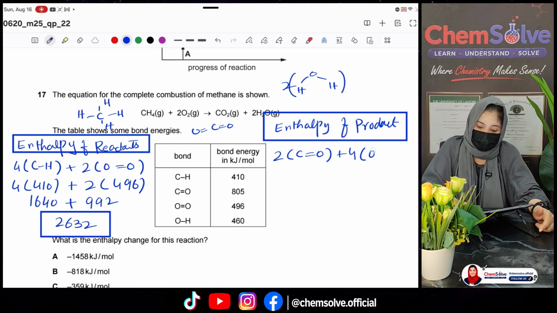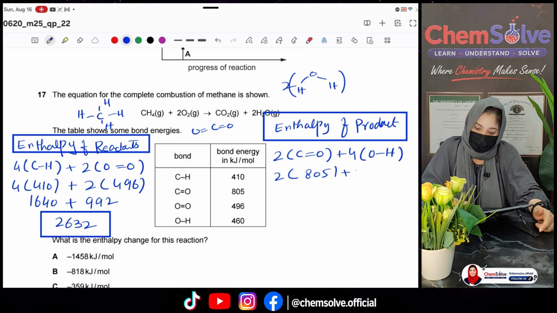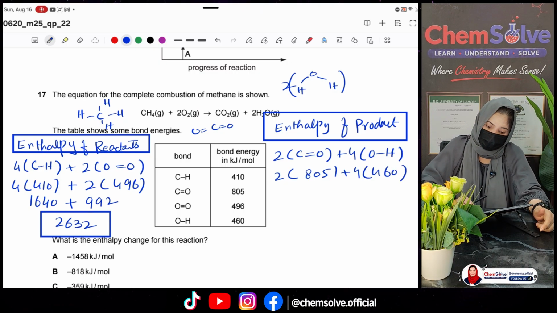So 4 O-H bonds. The carbon oxygen bond is 805 and the oxygen hydrogen bond is 460.